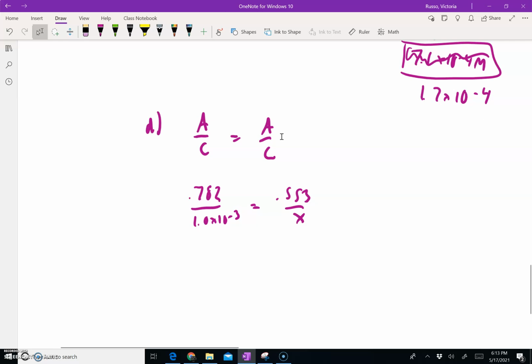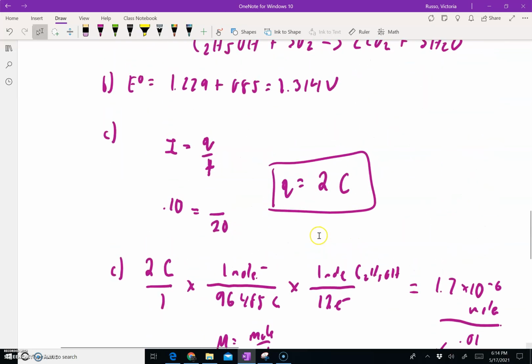So 1.0 e to the negative 3 times 0.553, divide that by 0.783, and then put it in scientific notation. And we get 7.1 times 10 to the negative 4 M. Alright, and again, I'm sorry about this up here. I read the wrong number, even though I had done the math already.